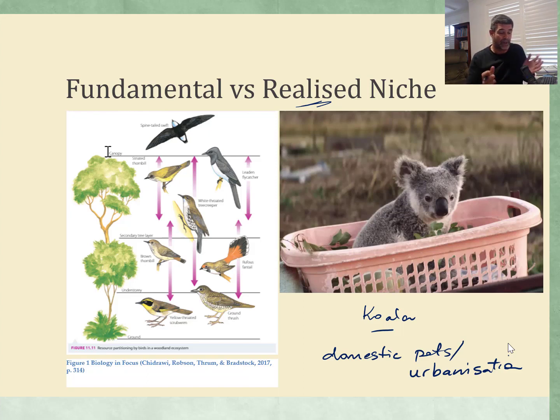So where we could find them, where the set of conditions we're looking for koalas to survive may be present, we may give it a tick, but because of the presence of other species, because of the presence of other factors, we don't find them in those areas.